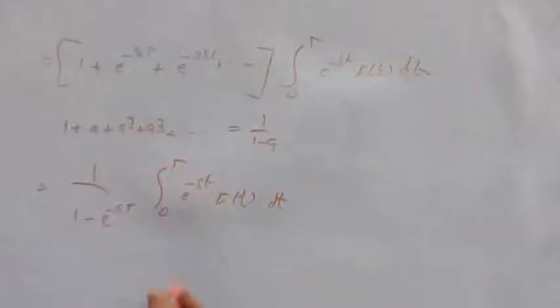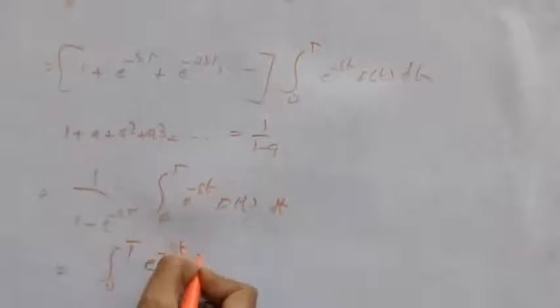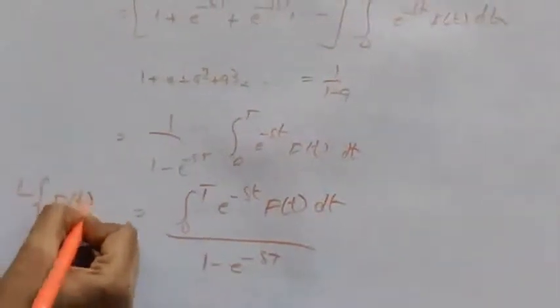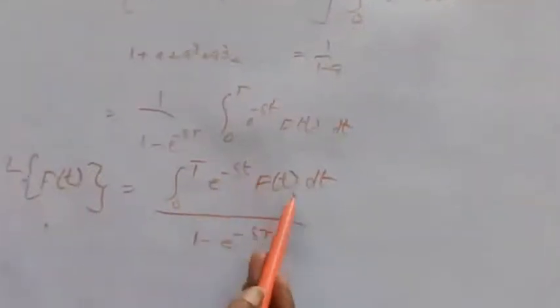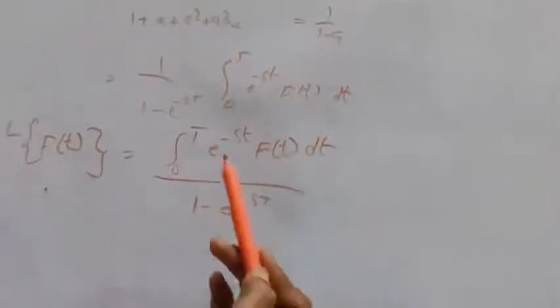Or you can write it as integral 0 to T of e power minus st f of t dt divided by 1 minus e power minus sT. So the Laplace transform of f of t, which we considered, is equal to integral 0 to T of e power minus st f of t dt by 1 minus e power minus sT. Hence we have proved the Laplace transform of a periodic function.